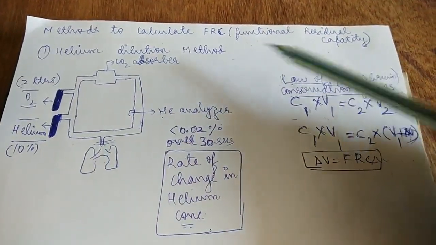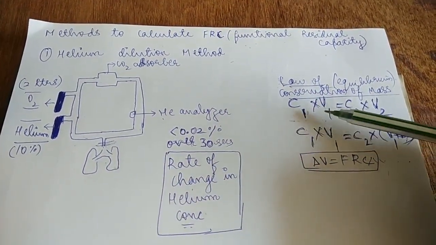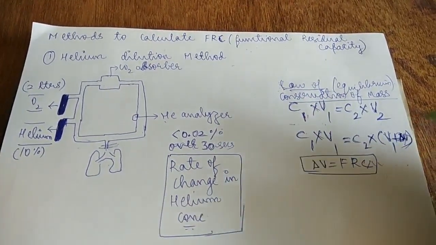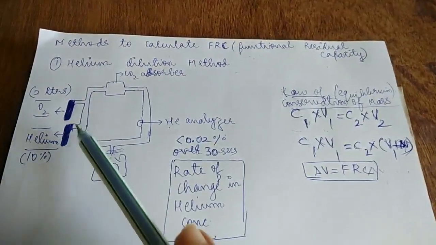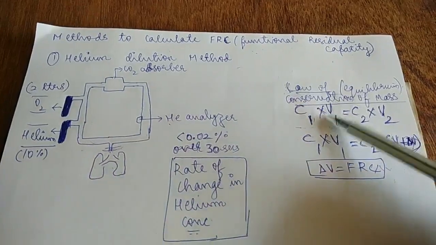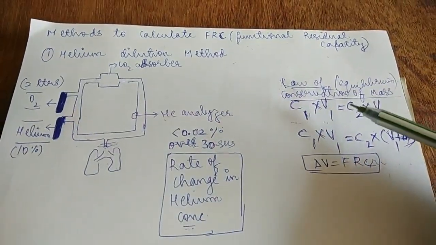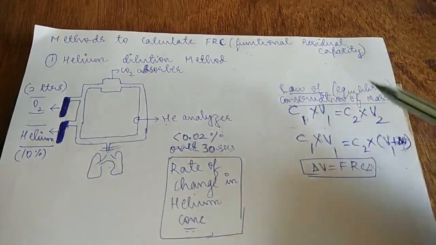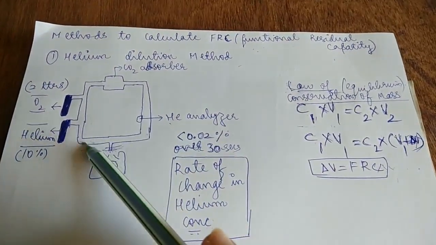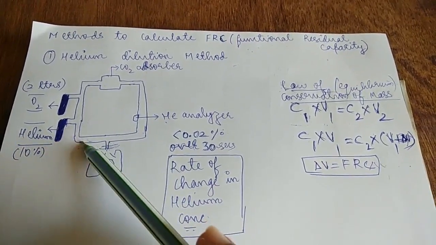Then we calculate the FRC by the law of conservation of mass, that is C1 V1 is equal to C2 V2. C1 is the initial concentration of the helium in the closed circuit, and V1 is the initial volume of the gas in the closed circuit. C2 is the final concentration of helium in the closed circuit, and V2 is the final volume of the gas in the closed circuit.